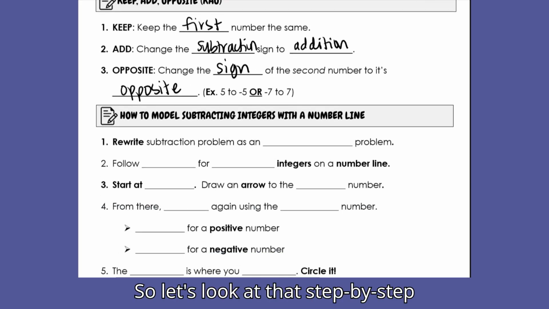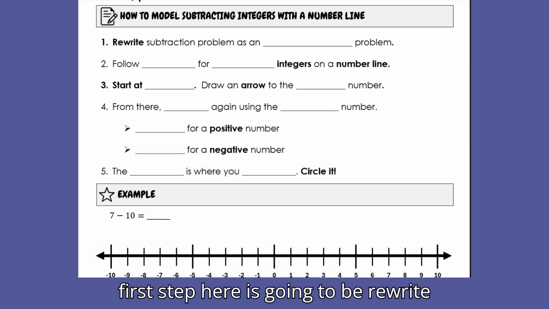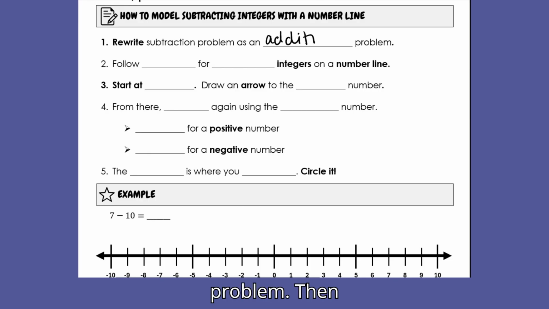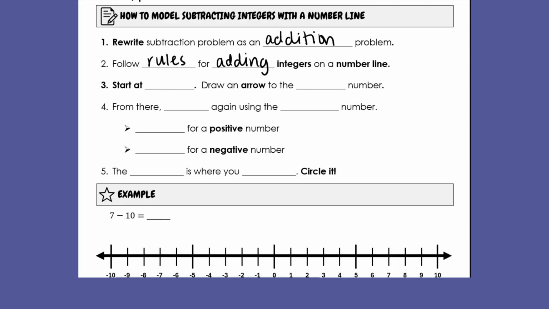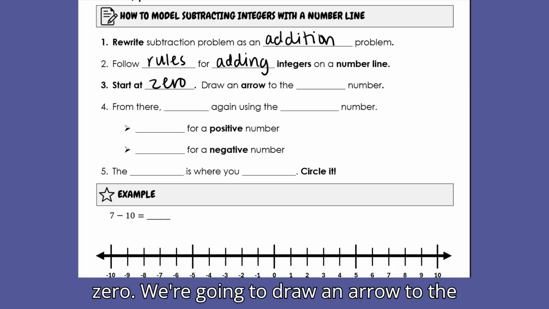So let's look at that step-by-step process. As I stated before, the first step here is going to be rewrite that subtraction problem as an addition problem. Then we're going to follow rules for actually adding integers on a number line. If you remember from one of our previous lessons, we're going to start at 0.